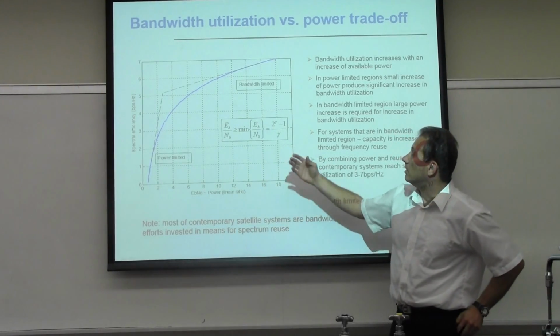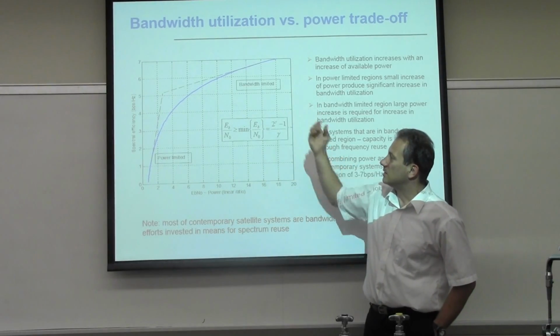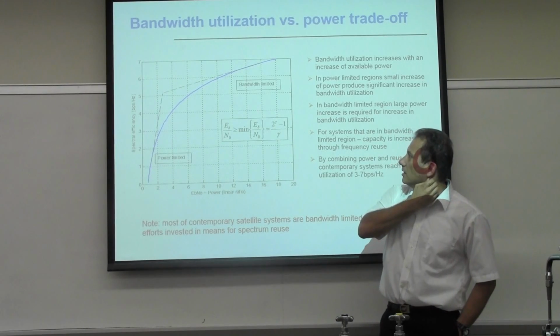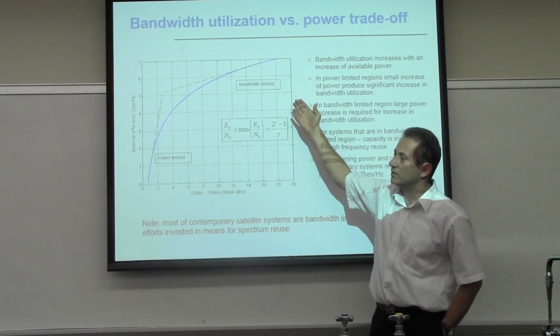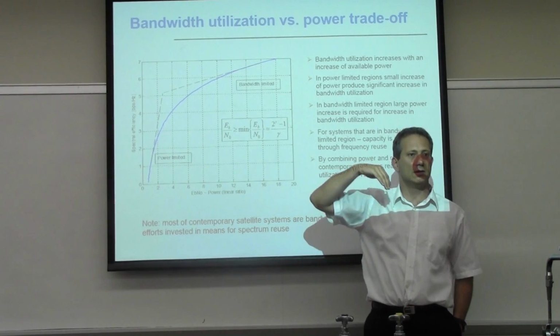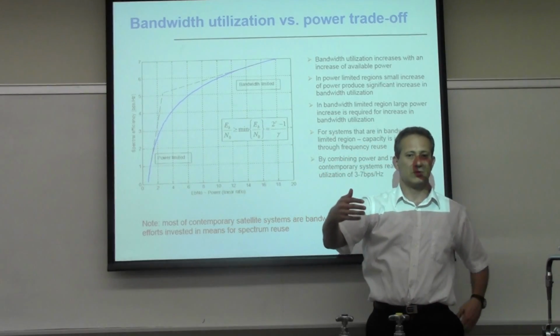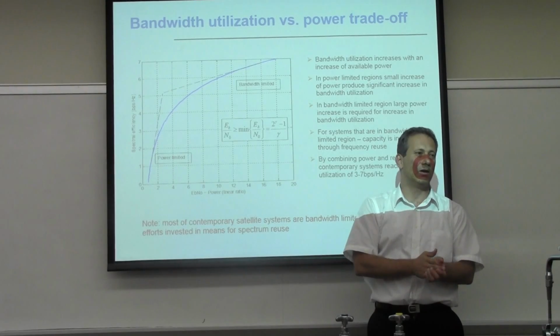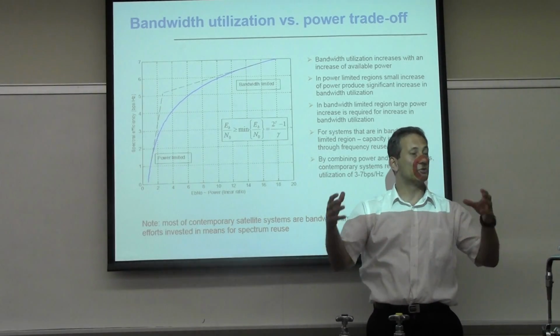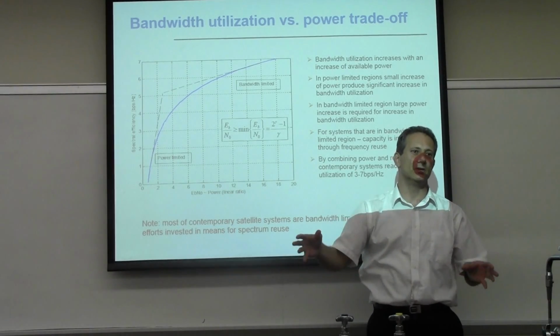So what this teaches us is that going forward, we actually have to be focusing on reusing our spectrum, because our ability to squeeze more bits per second into what we already have allocated through just power increase is diminishing quickly.